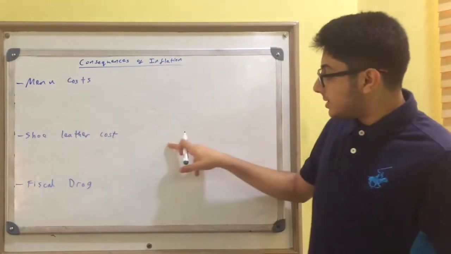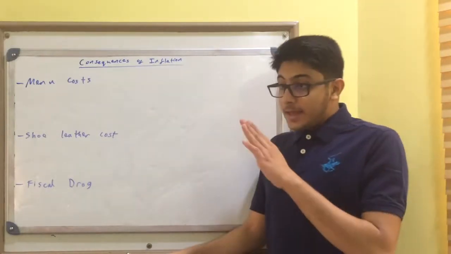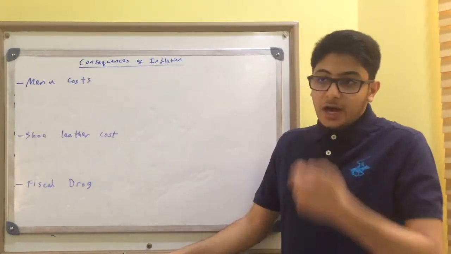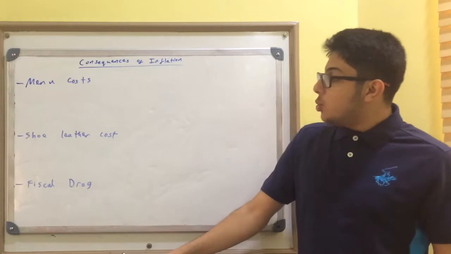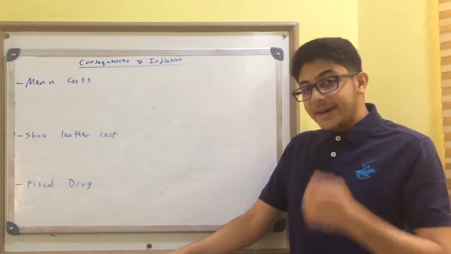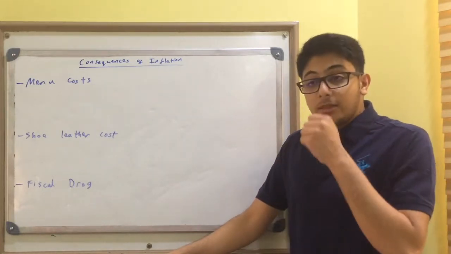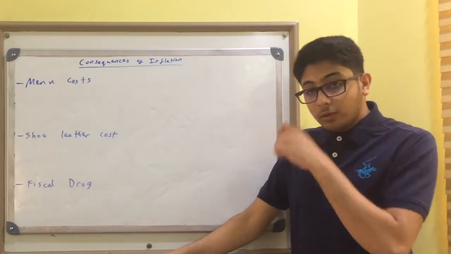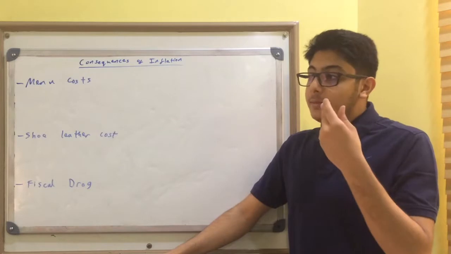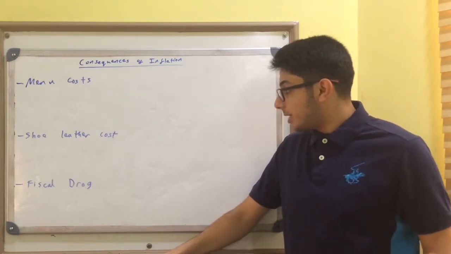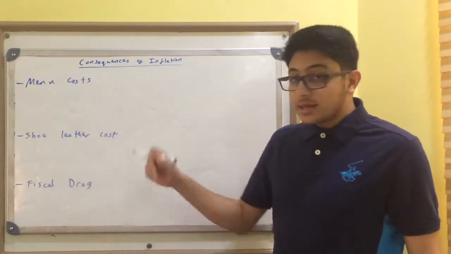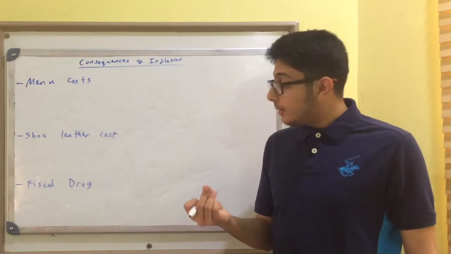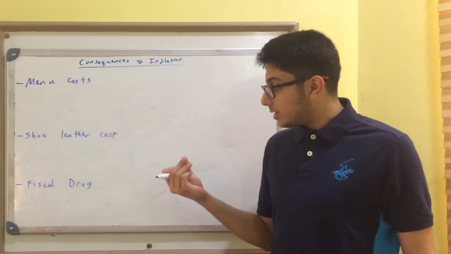Now, shoe leather cost, okay, if inflation is high and prices are high, you are going to look for the best deal. The best prices that are good for you. So the lowest prices or the best banks with the lowest inflation rate, okay? And that's going to cost you time, okay? Shoe leather cost, okay?